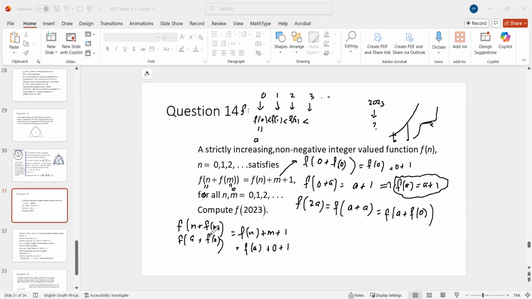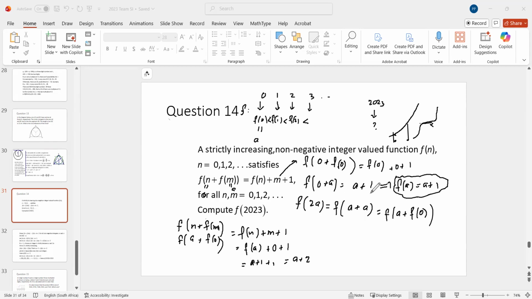And that's a formula. It says that f of n plus f of m is f of n plus m. So here, if you put n equal to a, which I've done, and m equal to 0, then I get f of a plus 1. But remember, f of a is a plus 1, so f of a plus 1 is a plus 1 plus 1, which is a plus 2.